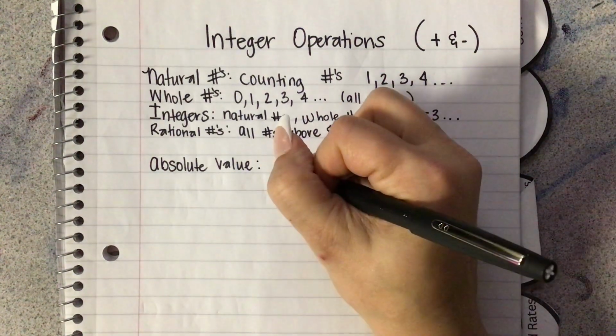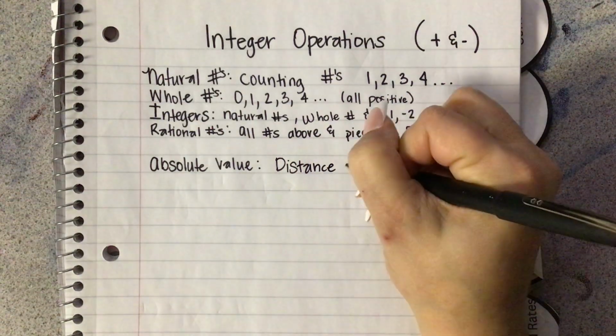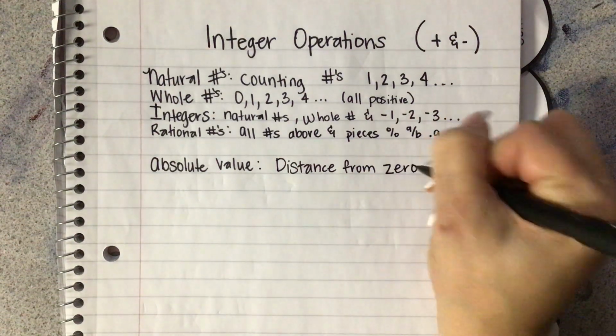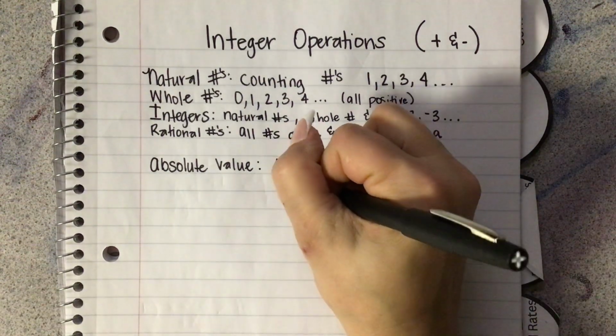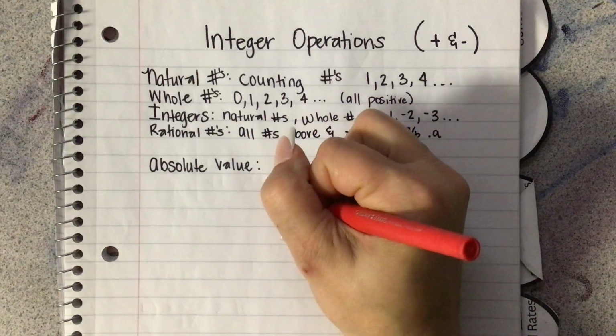So absolute value is distance from 0. And what do we know about distance? It can never be more than. Never can be negative.